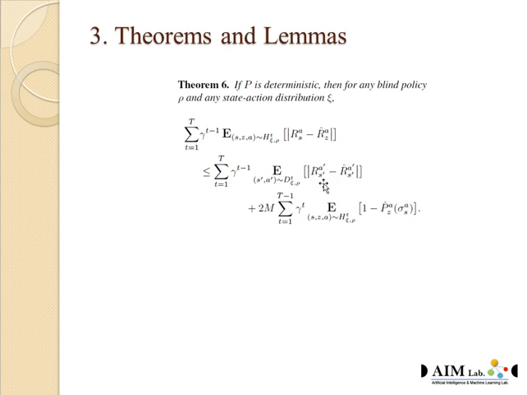We have each value, so its error is bounded, and we can get the optimal policy between the error and the true value.